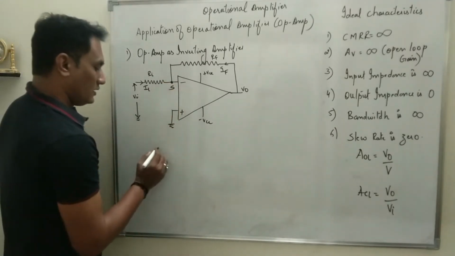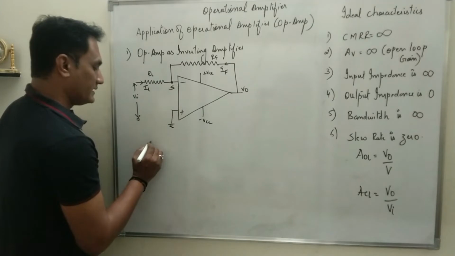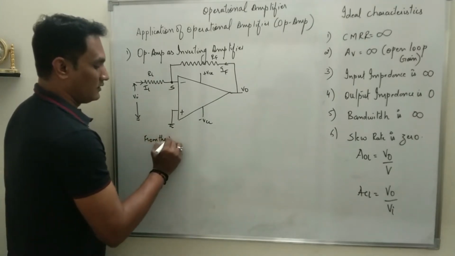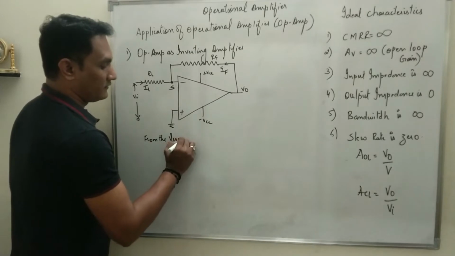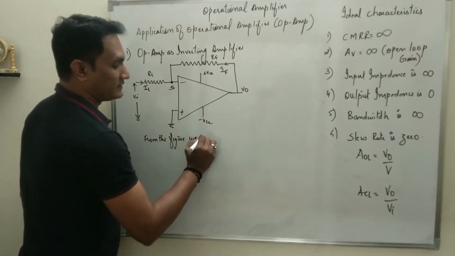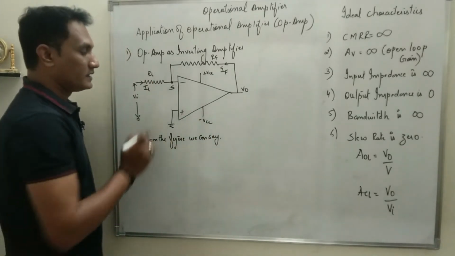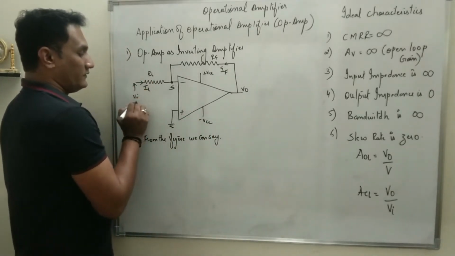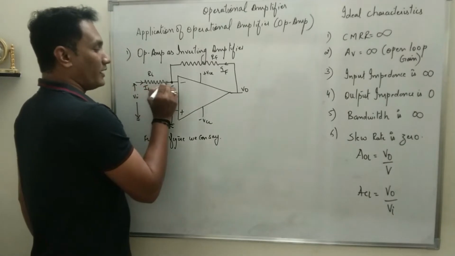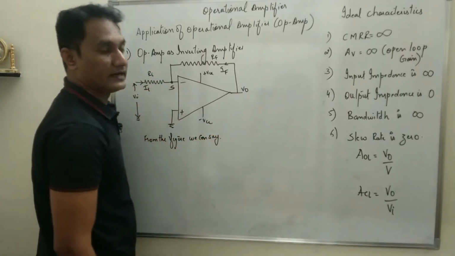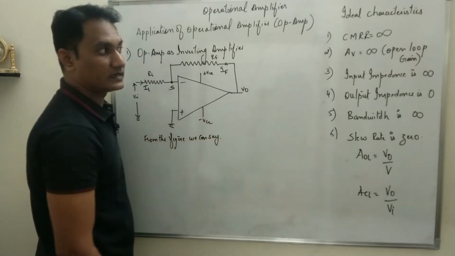From the figure we can see that when Vi is applied, current I1 will flow up to the summing point. Now just look at the ideal characteristics. What is the third characteristic?